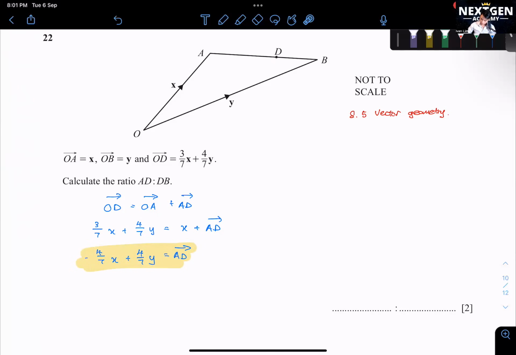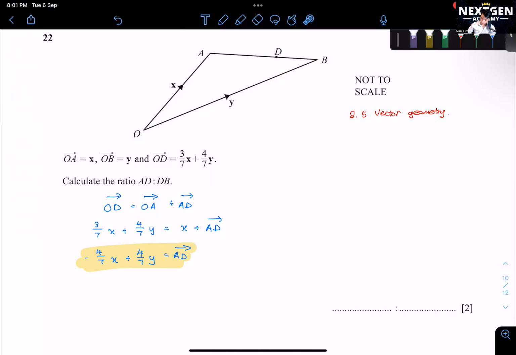DB, how can I find DB? Here, right? So can I say that OD is actually OB plus BD. Okay. OD, I can say OD going here is actually OB plus BD.